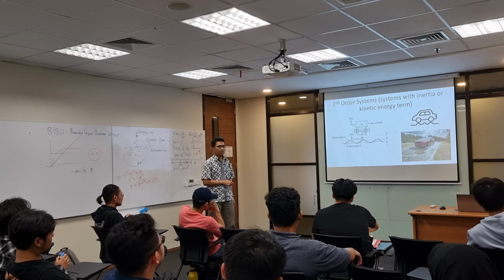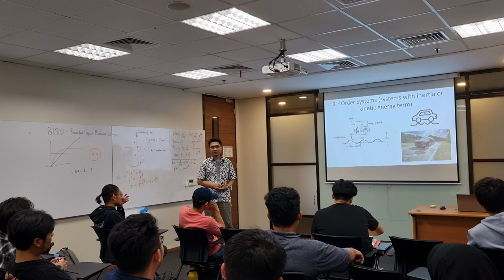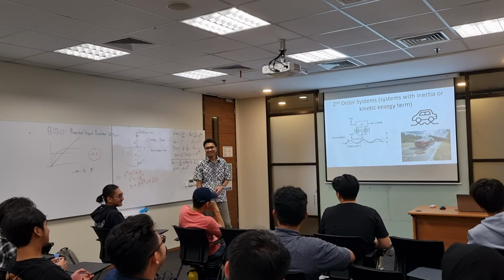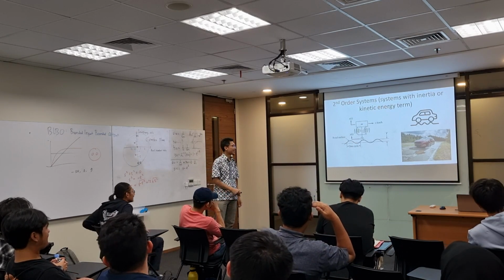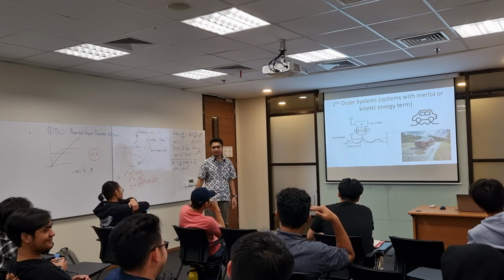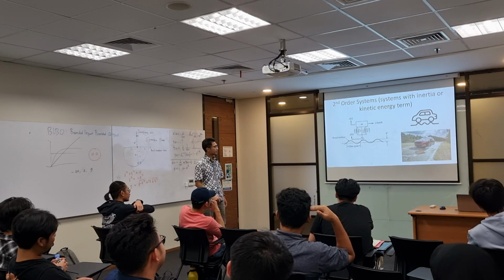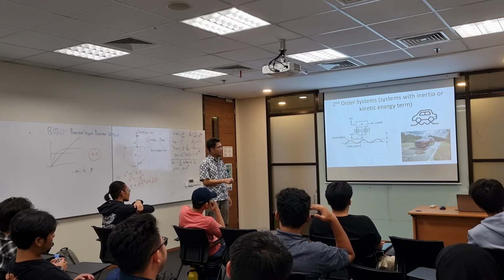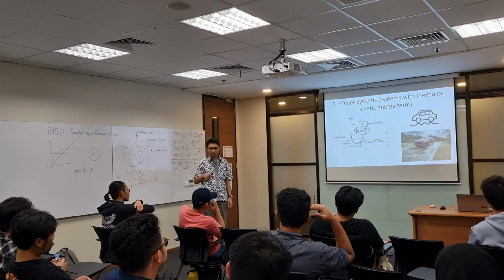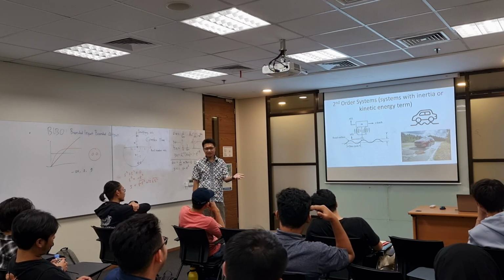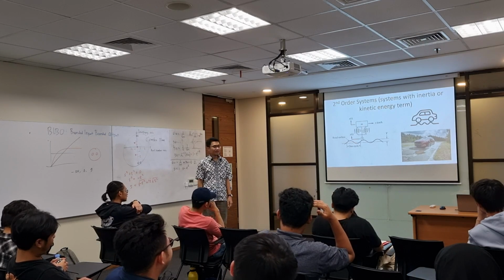This is called the quarter car model, quarter because it is just one wheel. And then that's the mass, spring, and then there's a damper. This is very simplified, so the road looks like a sinusoid. Actually, the road is random.